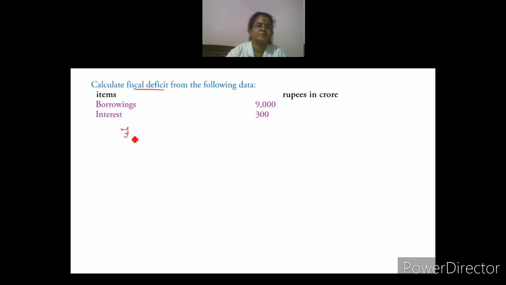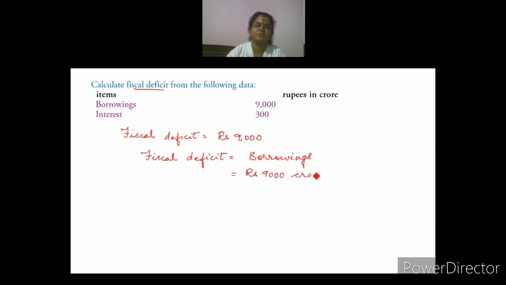Hence, fiscal deficit is equal to rupees 9,000 crores.